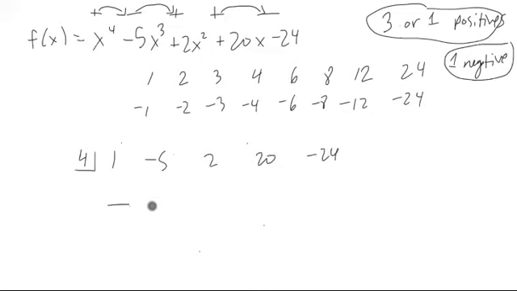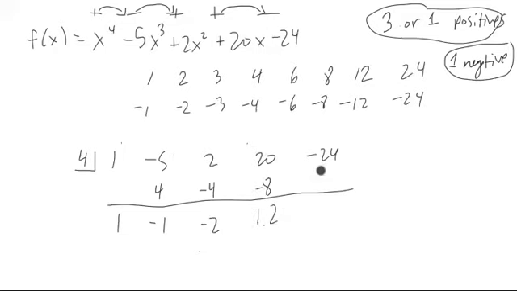So we have 1, 4, we get a negative 1, we get a negative 4, and we get a negative 2, we get a negative 8, we get a 12, I get a 48.